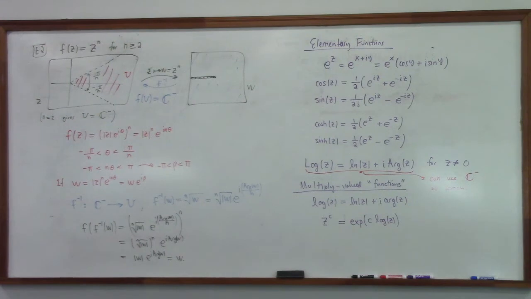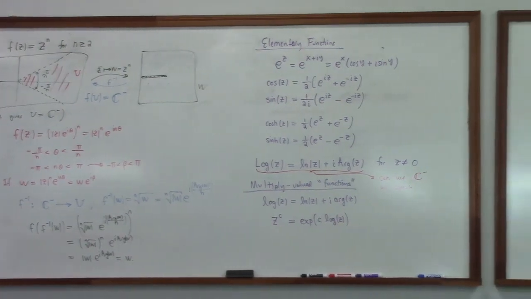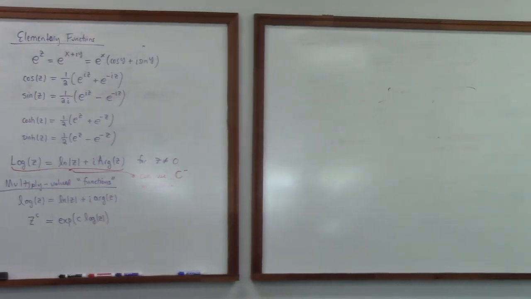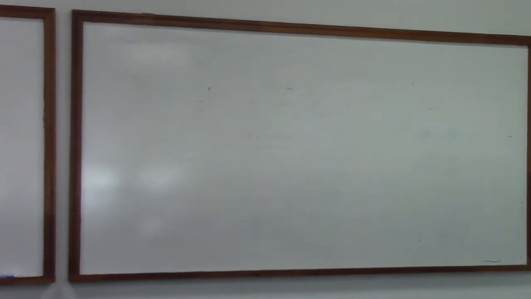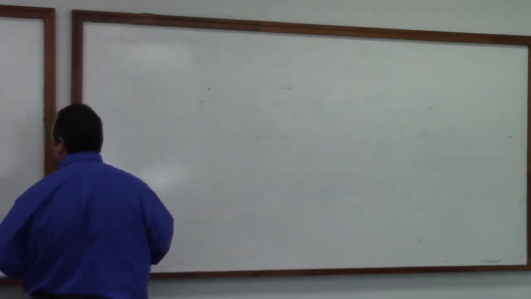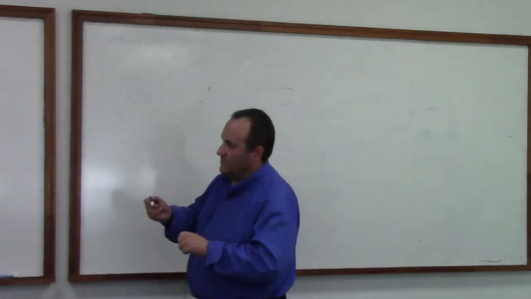Like, if we put W equals any of these formulas, what happens in the W plane? So we'll get to that. But before I get to that, let me just do some basic calculation here.